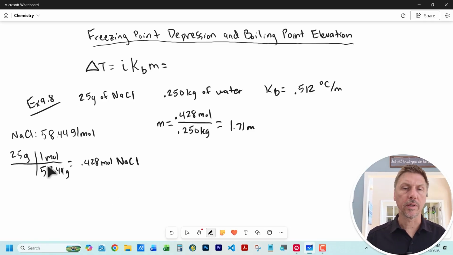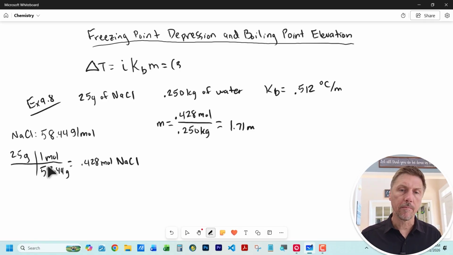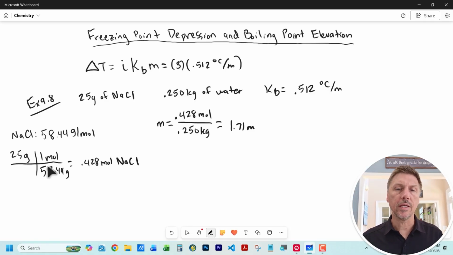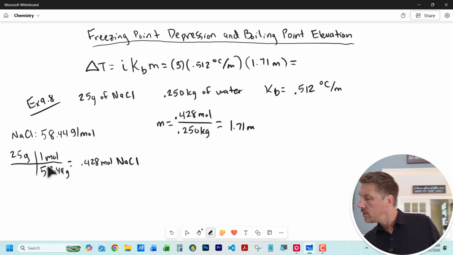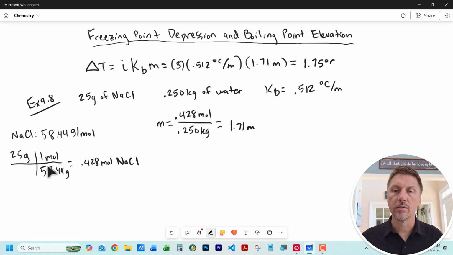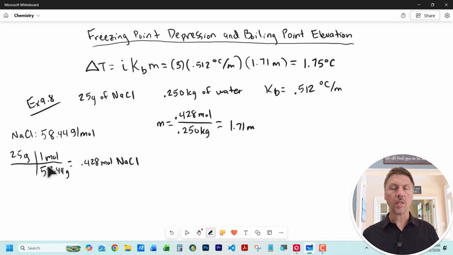So let's plug in 2 for i. We're going to plug in 0.512 degrees Celsius per molal for Kb. And then finally, the molality we calculated to be 1.71. And we do the math with that, and we get 1.75 degrees Celsius.